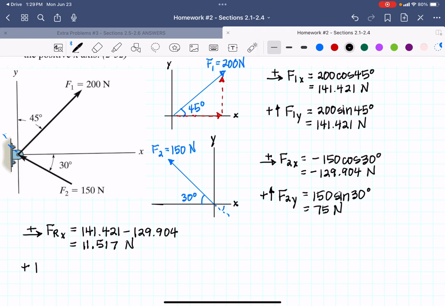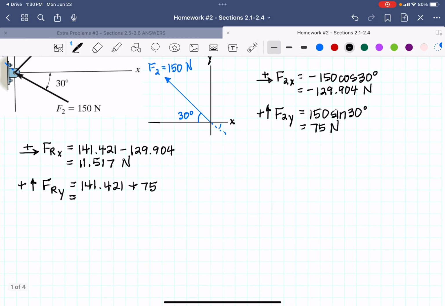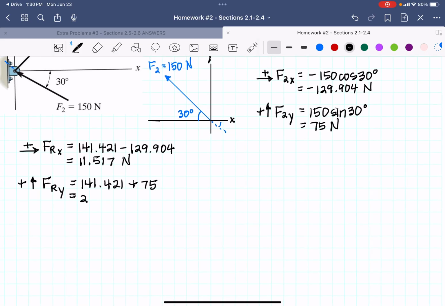And then, assuming up is positive, our resultant force in the y direction, we're going to add those two together also. So we've got 141.421 plus 75, which equals 216.421 newtons.